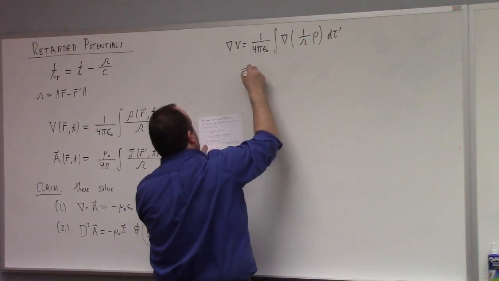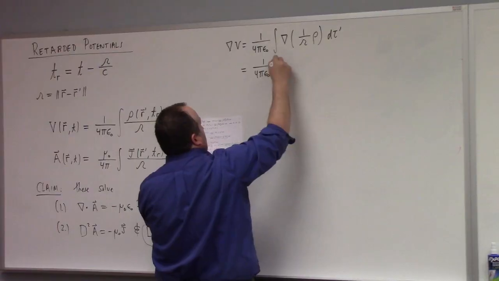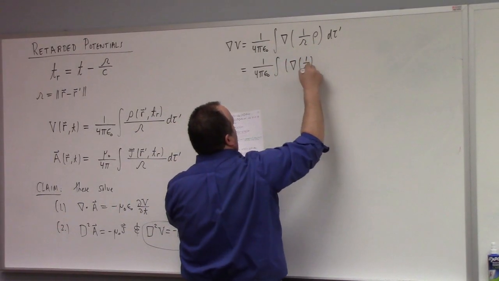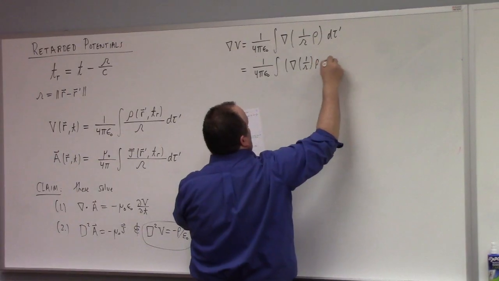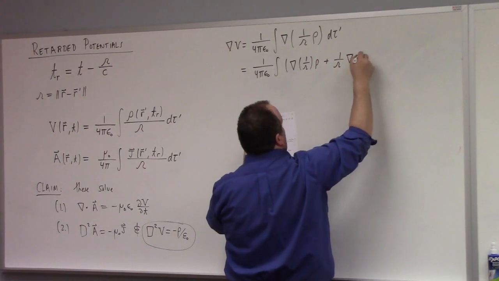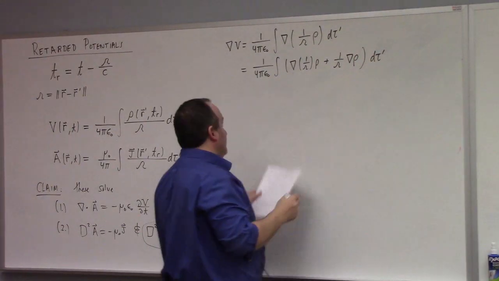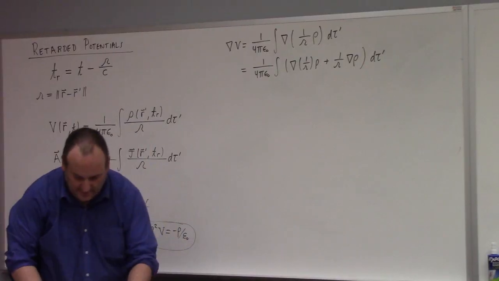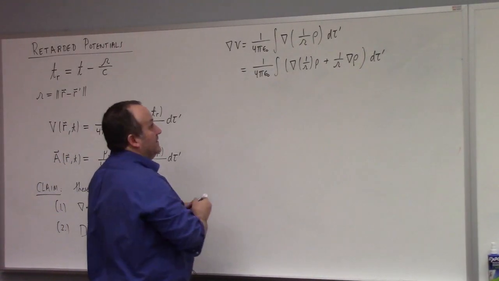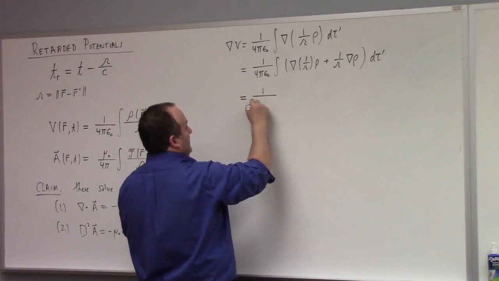But that would be 1 over 4 pi epsilon naught, the integral of the gradient of 1 over r times rho, plus 1 over r times the gradient of rho, d tau prime. So I'm doing the old product rule right there, right? But now I must confess that I'm going to put the step right here, and then I'm going to explain it next.